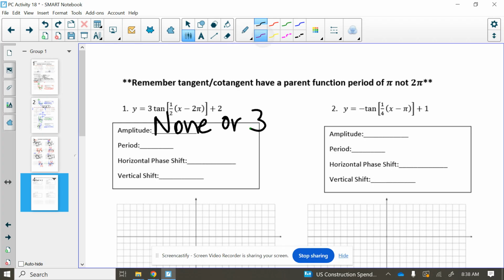Here's where we have to be very careful. Remember, it's pi, not 2 pi, divided by 1/2, so that our period is 2 pi at this time. And then write 2 pi up 2 on this.